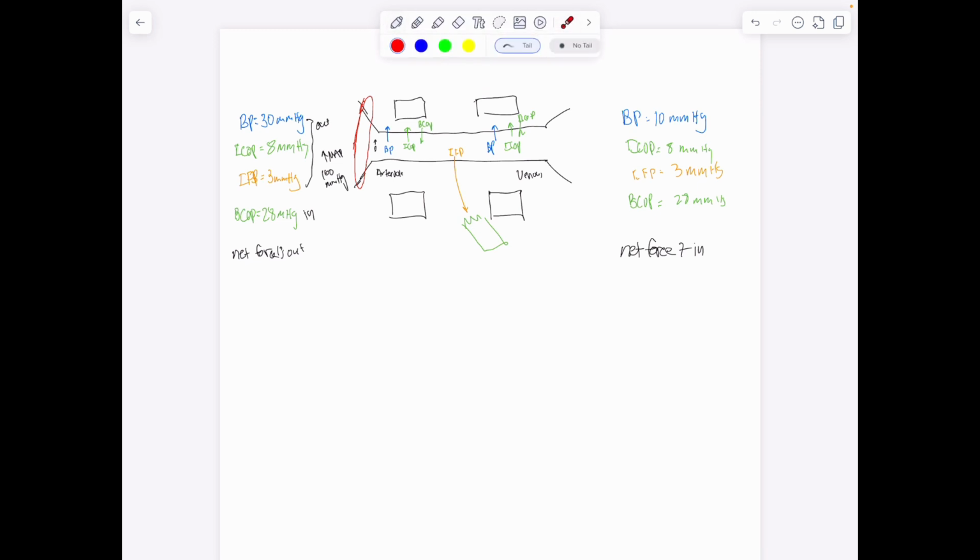But now we'll talk about an example of what would happen with edema. So let's say our mean arterial pressure, or MAP, is steadily increased to a rate above this 160.